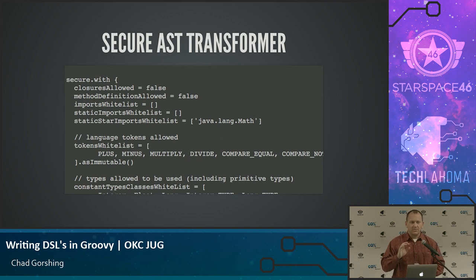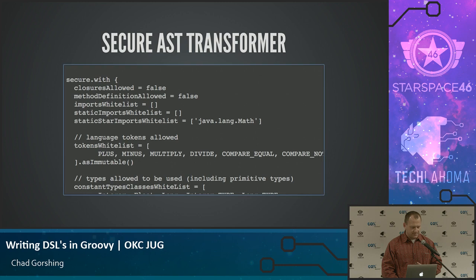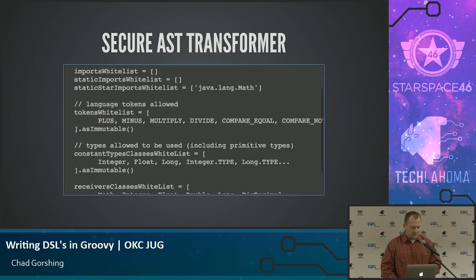So as you can tell, you can say whether closures are allowed, whether or not you allow someone within a DSL code to call a closure or to write a closure or to pass in a closure. So that's something that you can statically check against and validate. Some of the things you can't, which is where some of these other ones get bad. The import whitelist, static import, and so on and so forth, that's good.